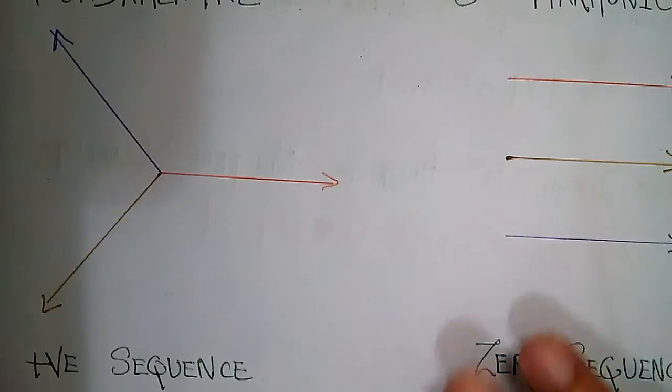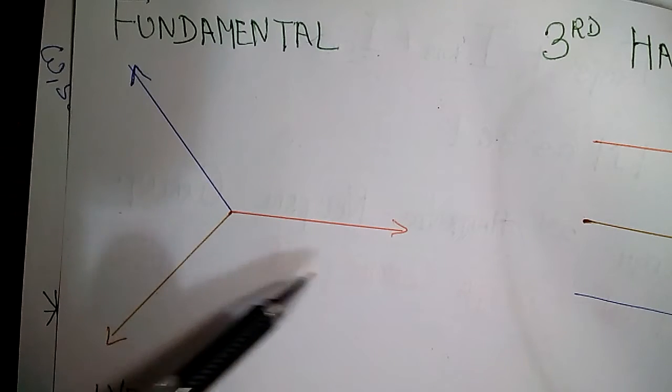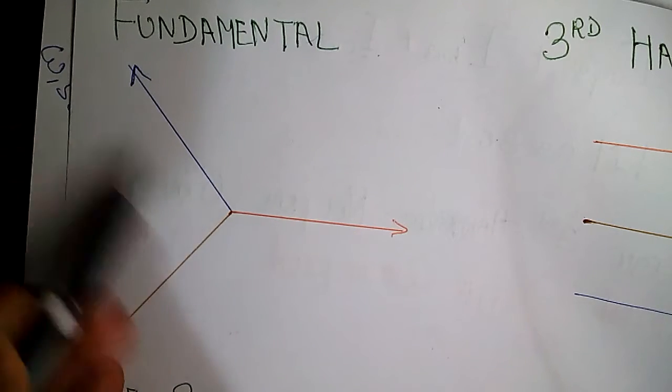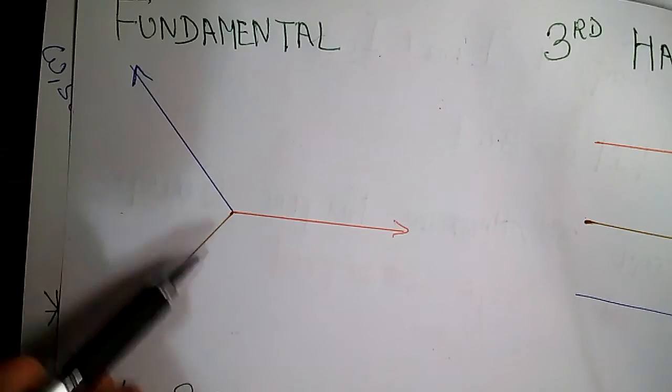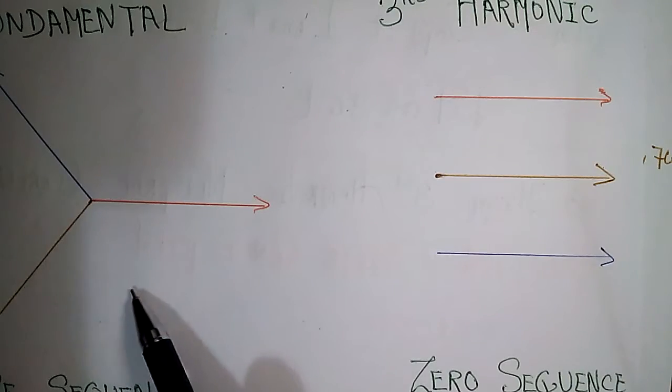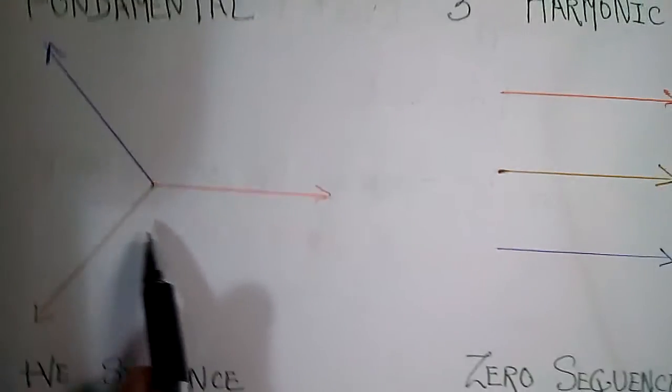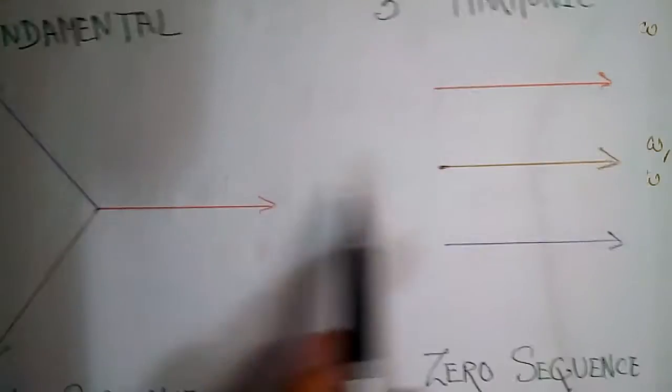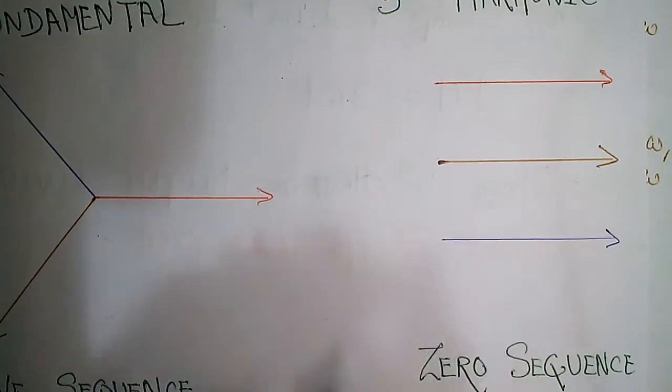So what will be the effect of this? My fundamental waves will look like this. This is R, Y and B. These are 120 degrees apart, so in the final line they will cancel out each other, but my third harmonics are in phase. So if I call the fundamental a positive sequence voltage or current, then this will be called zero sequence.